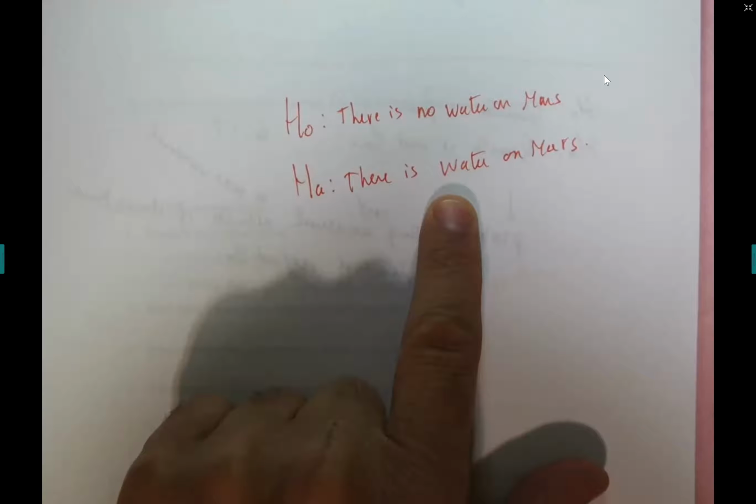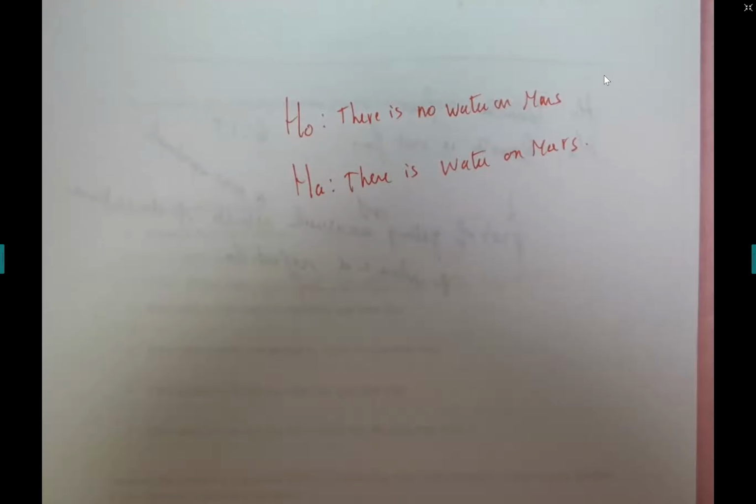Is this enough evidence to conclude that there is no water on Mars? No. Why not? Because you haven't looked at the total. Exactly. So when you fail to reject the null hypothesis, based on the evidence you have, you fail to reject it, but it doesn't mean that it is true.